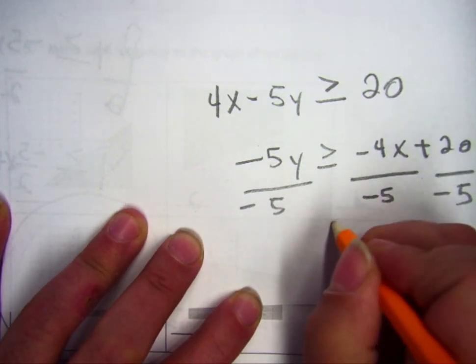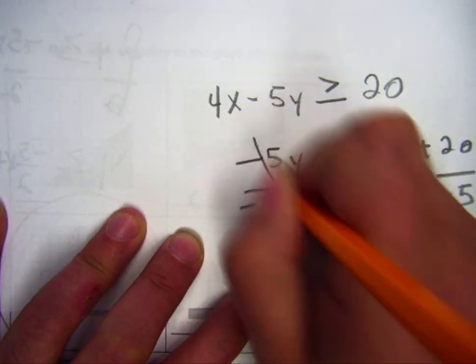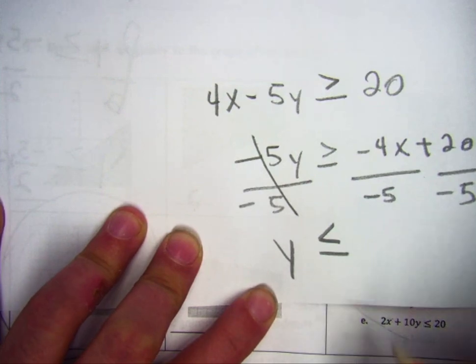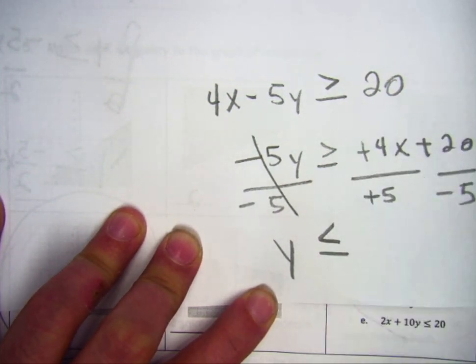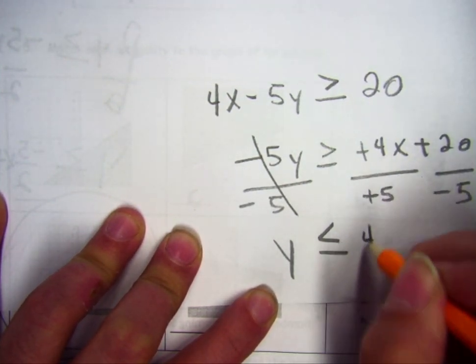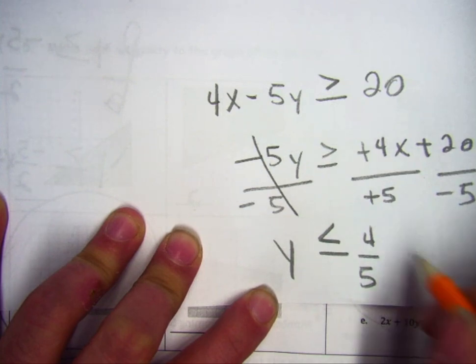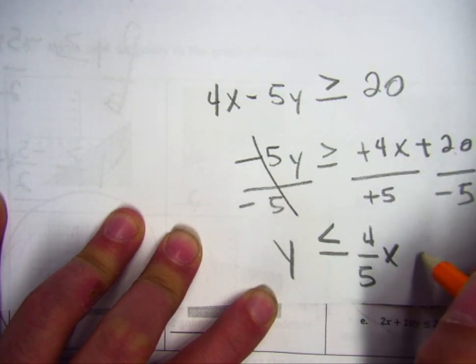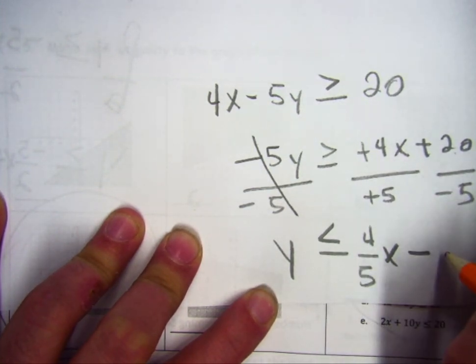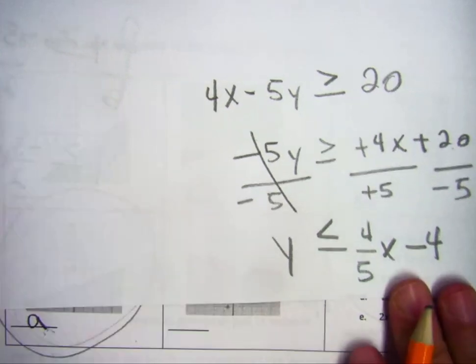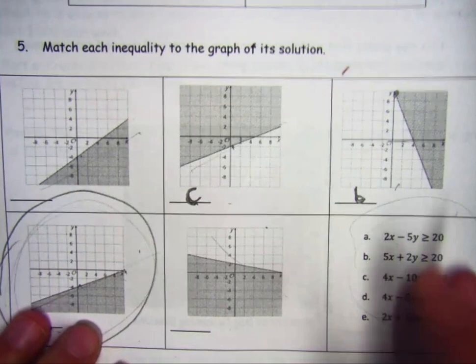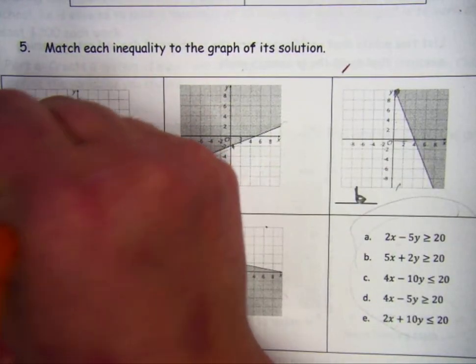This is going to change and flip. This is going to become y, and this is going to become positive. So it'll be y is less than or equal to 4 over 5x minus 4. Okay, so I could automatically say that it's D.